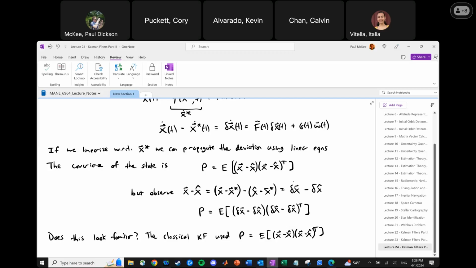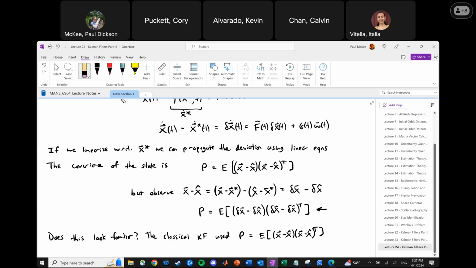Back when we had a linear model, we ultimately arrived at the covariance being some function of the state transition matrix, which is itself a function of f. But essentially, we know how to handle this for a linear system, and this is describing a linear system because we have linearized, right?